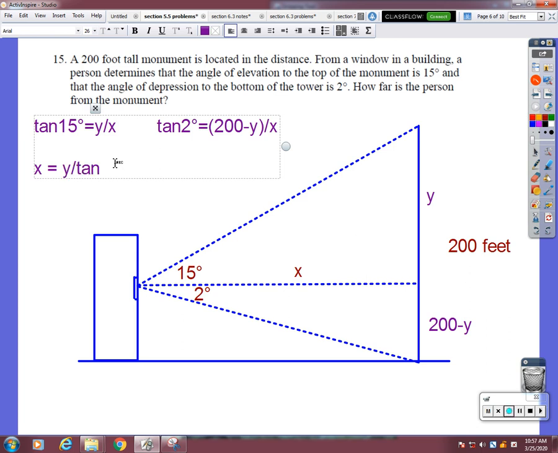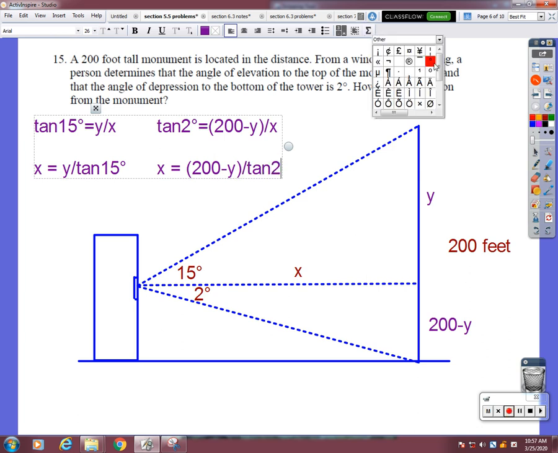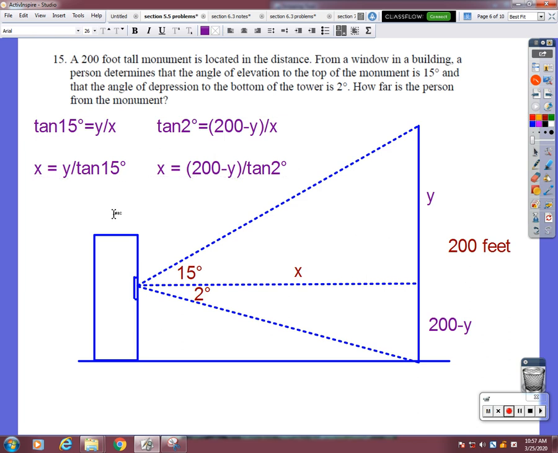y divided by the tangent of 15 degrees. And then in this case right here, I can rewrite this as x equals 200 minus y divided by the tangent of 2 degrees. Okay, so like I said, now since I have these both solved for x, I can set them equal to each other.